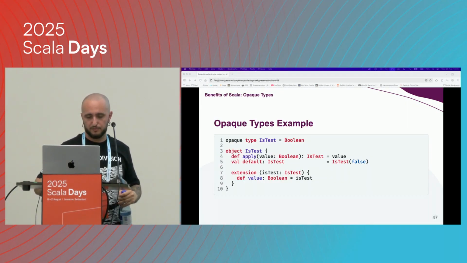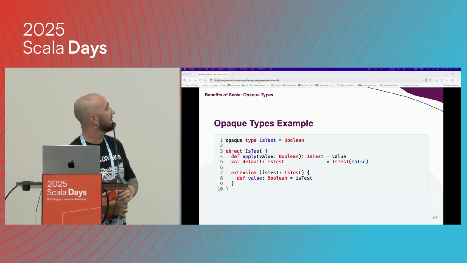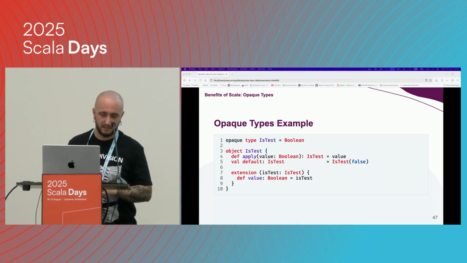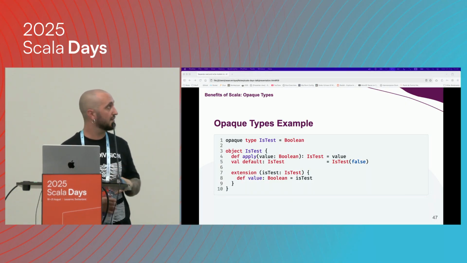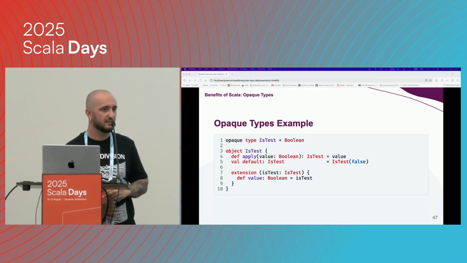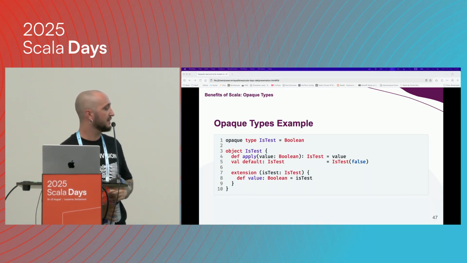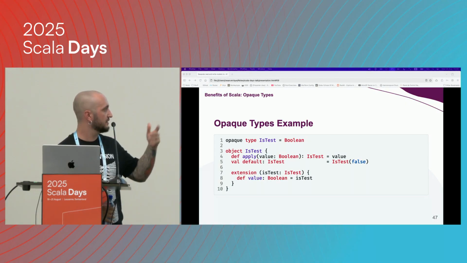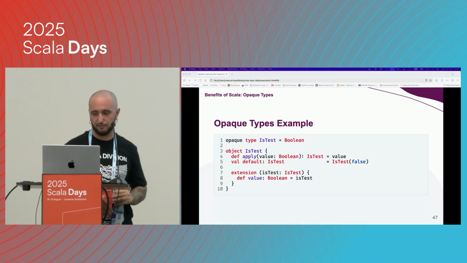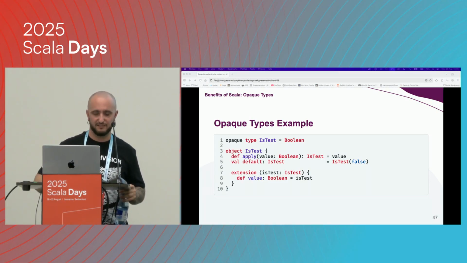And then obviously we use opaque types a lot. This is the is-test example. We define all our domain types without using primitive types directly. We wrap everything with opaque types or enums or other case classes. And this is really helpful to have a neat domain.